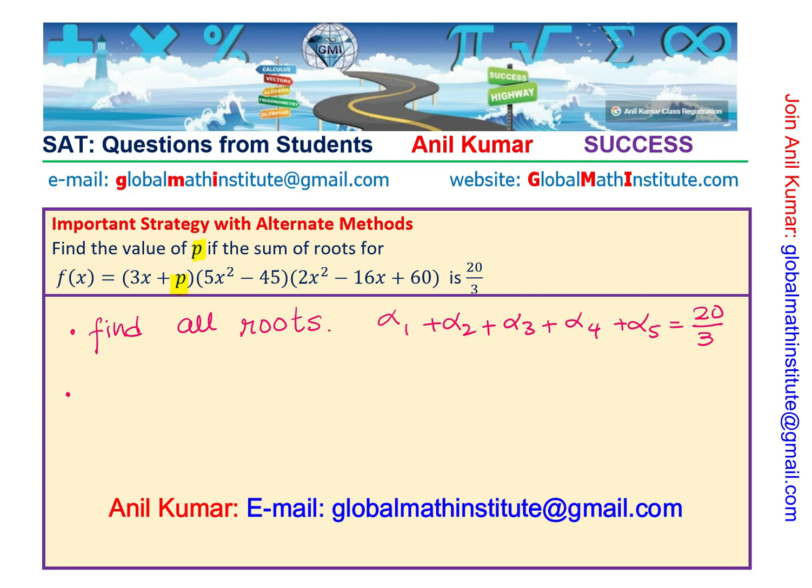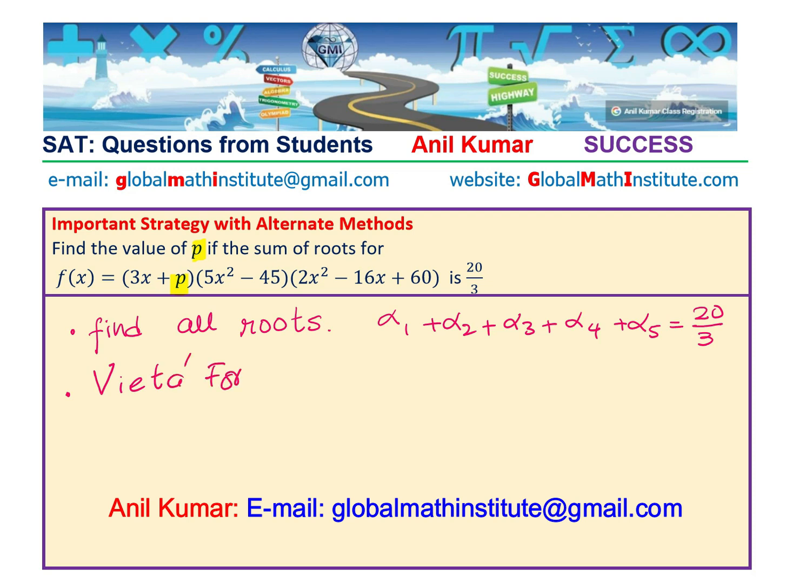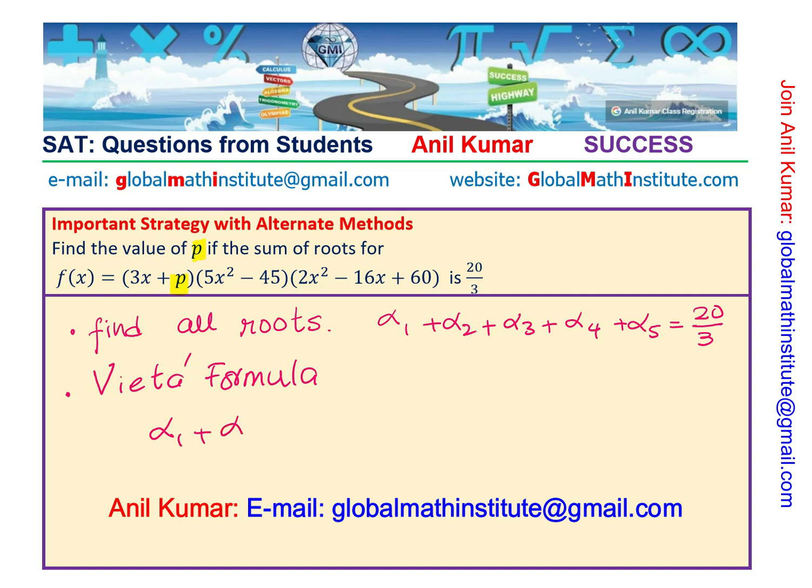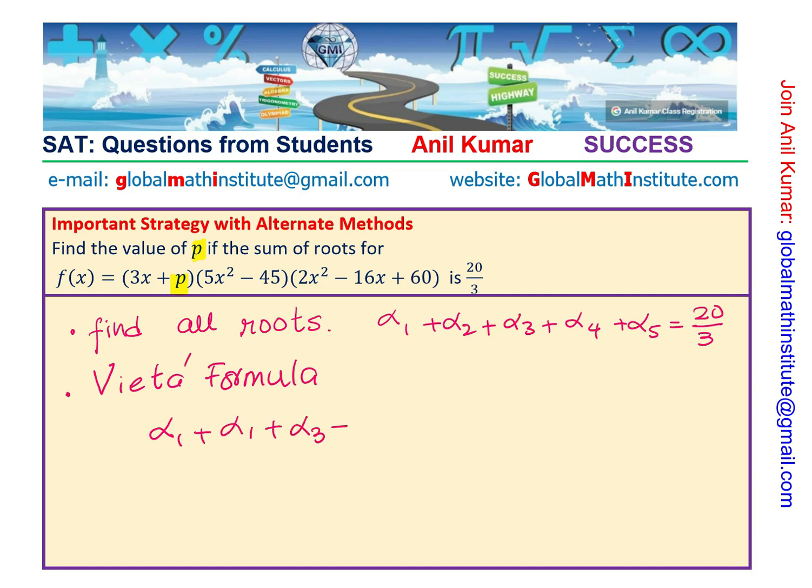The second method is what I feel is the best, since you know what Vieta's formula is. So we are going to use Vieta's formula. Since we need the sum of the roots, alpha 1 plus alpha 2 plus alpha 3 plus alpha 4 plus alpha 5, all the 5 roots, is given to you as 20/3.